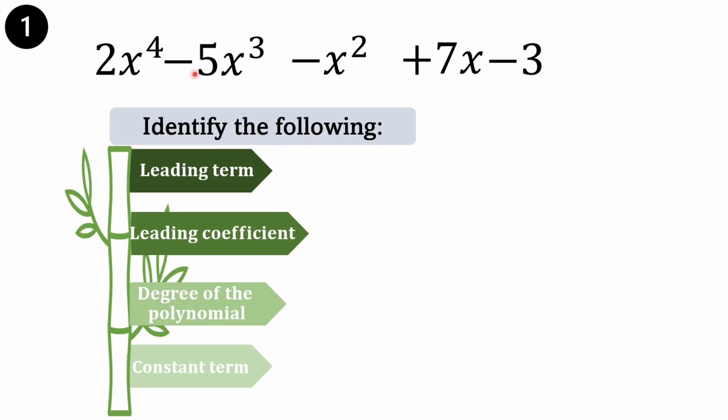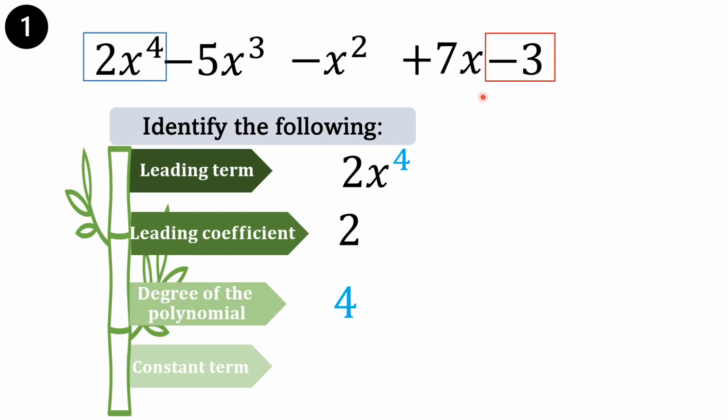If it is in standard form, the leading term is the first term, that is 2x raised to 4. The leading coefficient is found in the leading term, and that is 2. The degree of the polynomial is also found in the leading term, and that is 4. The constant term is the term without a variable, that is negative 3.